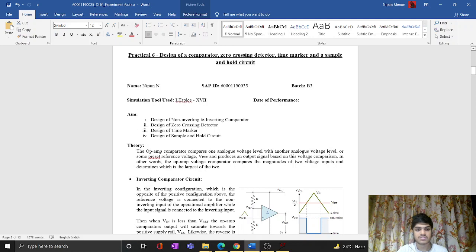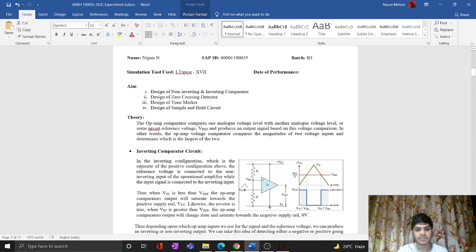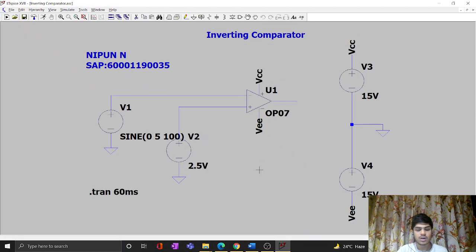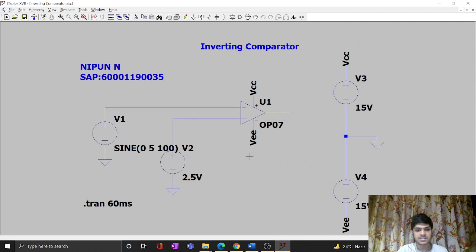So the first one will be the inverting comparator circuit. A comparator, as the name suggests, compares two voltages and it produces an output according to the reference voltage.